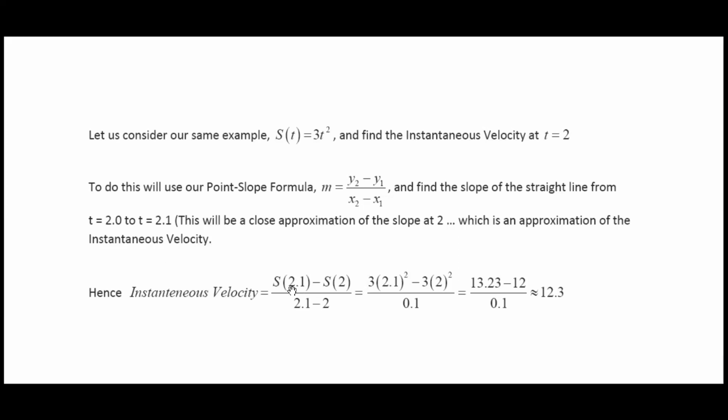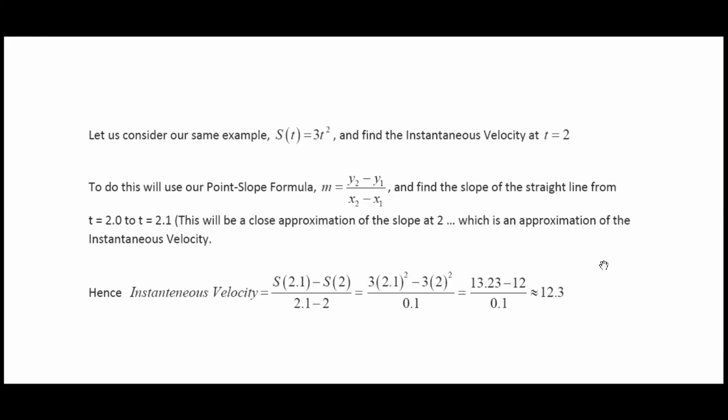Of course, s of 2.1 simply means put 2.1 into the function and do the arithmetic. And s of 2, same thing, put 2 in for t and do the arithmetic. The difference of 2.1 and 2 is 0.1. So we'll find this difference, divide by 0.1, and we get approximately 12.3.